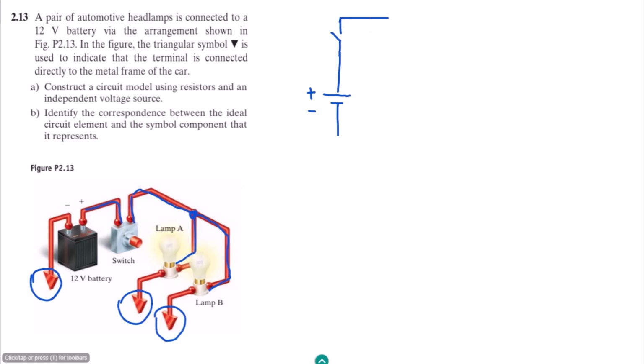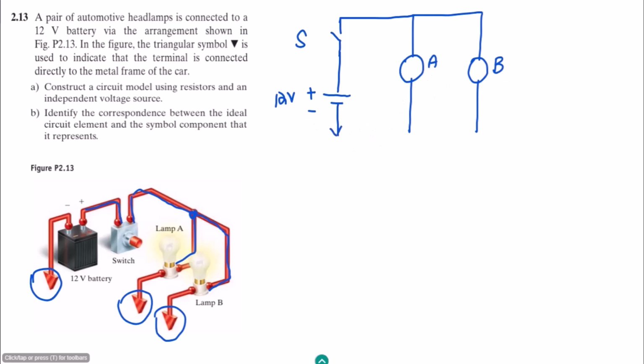So this switch will be here, and here we will have lamp A, and at this point we have lamp B. Let me represent them with A and B, and this is the 12-volt source. This one is S, which is for switch, and these are all the bulbs here.